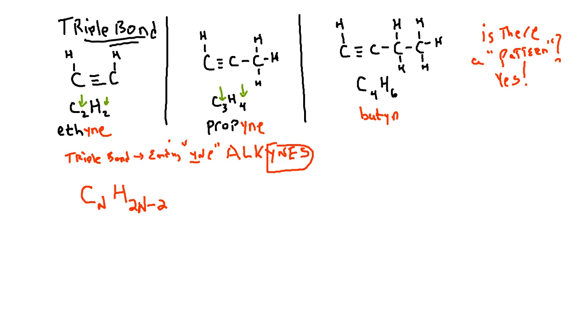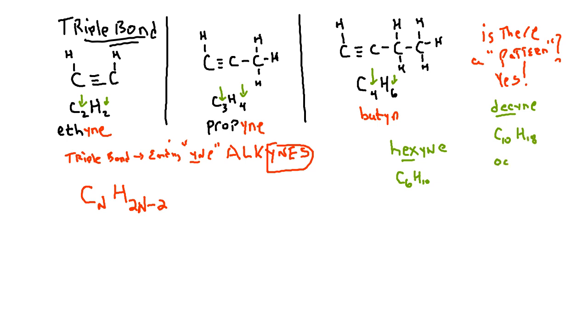So if I want the formula for hexyne, hex is 6. 2 times 6 is 12, minus 2 is 10. If I want the formula for decyne, well, dec is 10. 2 times 10 is 20, minus 2 is 18.